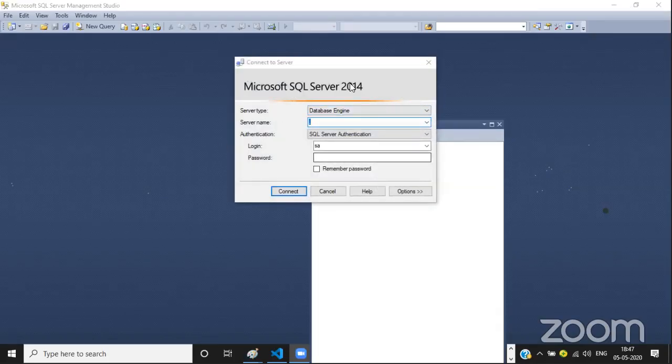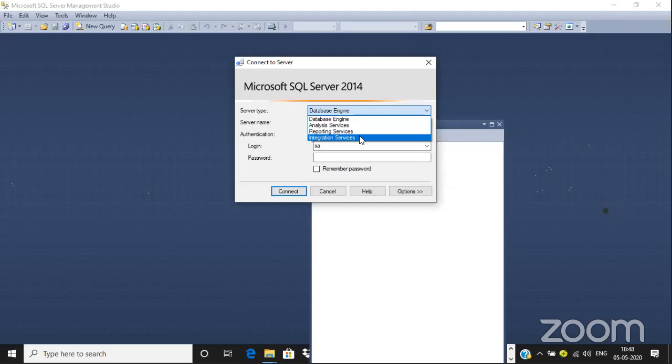Now here you see, whenever you open your SQL Server, it shows a dialog box. First it is asking for the server type. It is asking why you want to learn SQL Server. Do you want to use SQL Server as a database, or as analysis services, reporting services, integration services?